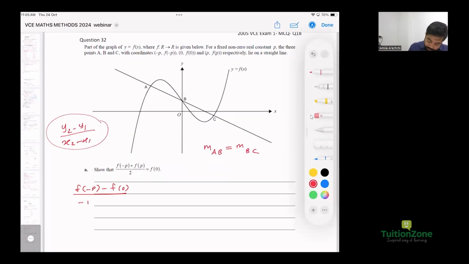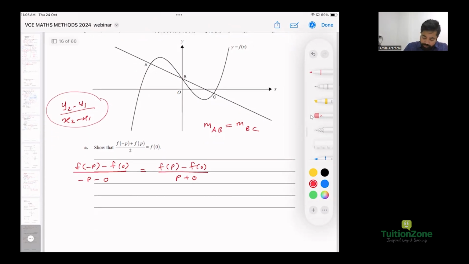Negative p minus 0. The other one, does it make sense? It's not hard, just find the gradients, make them equal to each other.